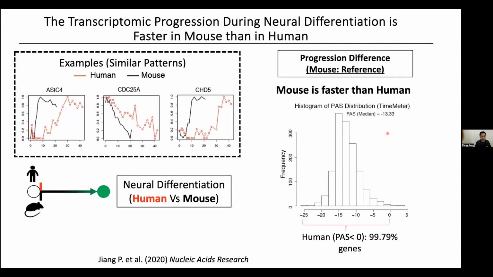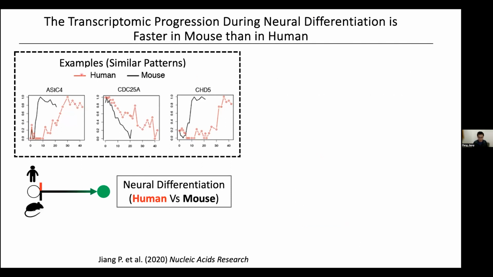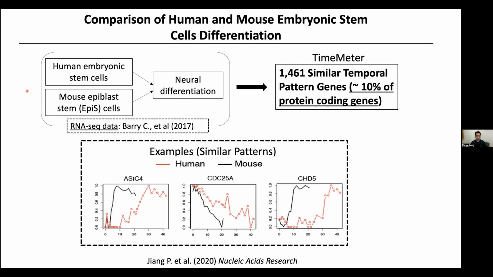So what we did is generate data for human embryonic stem cell differentiation into the neural lineage, and used mouse epiblast cells differentiating into neurons. Humans and mice both have 18 to 20,000 protein coding genes, so for each gene we can look at the human pattern versus the mouse pattern during differentiation, and detect which protein coding genes have a similar pattern regardless of speed between the two species.